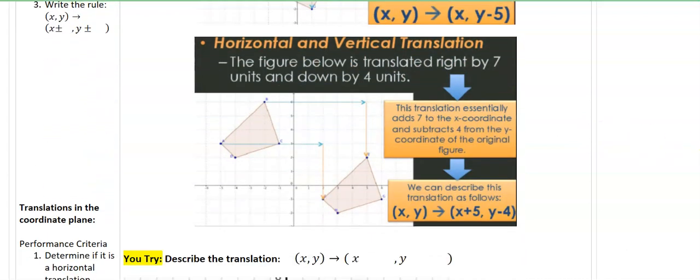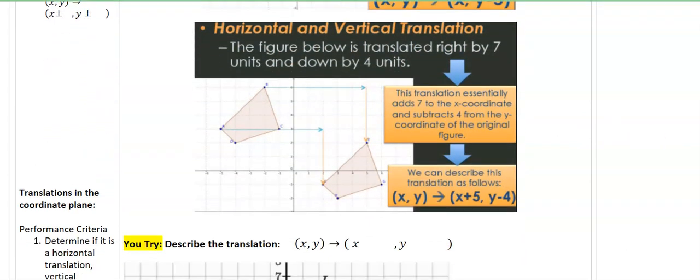Now, if we have both a horizontal and a vertical translation, like we do here, it's moving diagonally, but you can follow the arrows here. For our horizontal, our x value, our pre-image is being moved 5 spots.